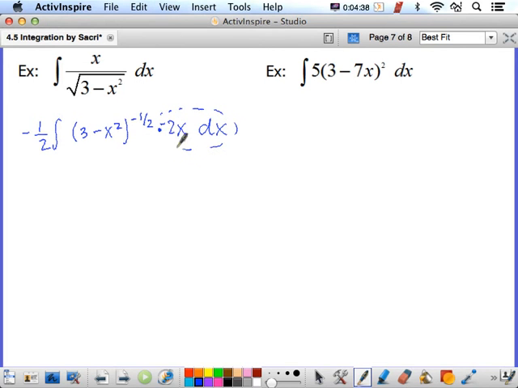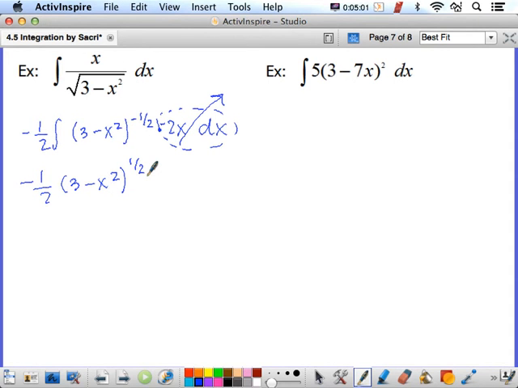This is what we give away. It allows us to reverse the chain rule. Add 1 to the power, divide by the new power, add some c. Add 1 to the power, and that becomes what? Negative 1/2 plus 1 is positive 1/2, right? Is that right, you guys? Yeah.